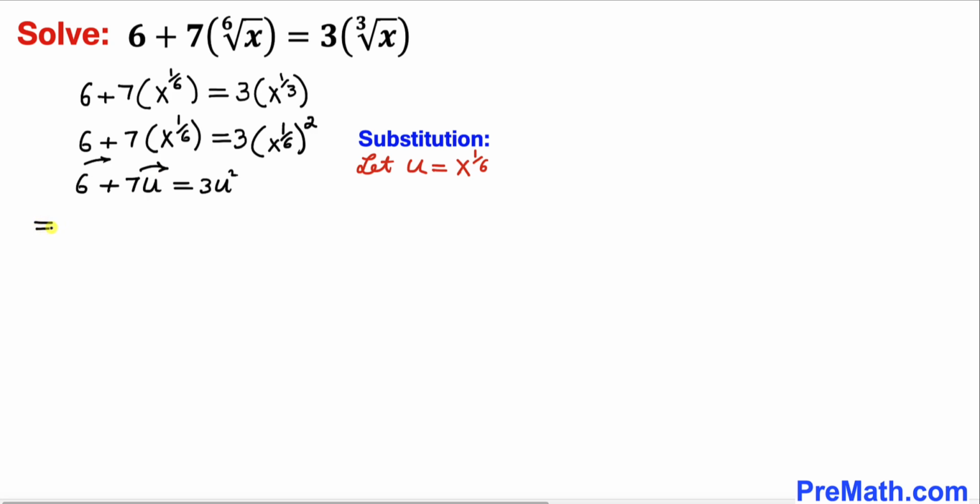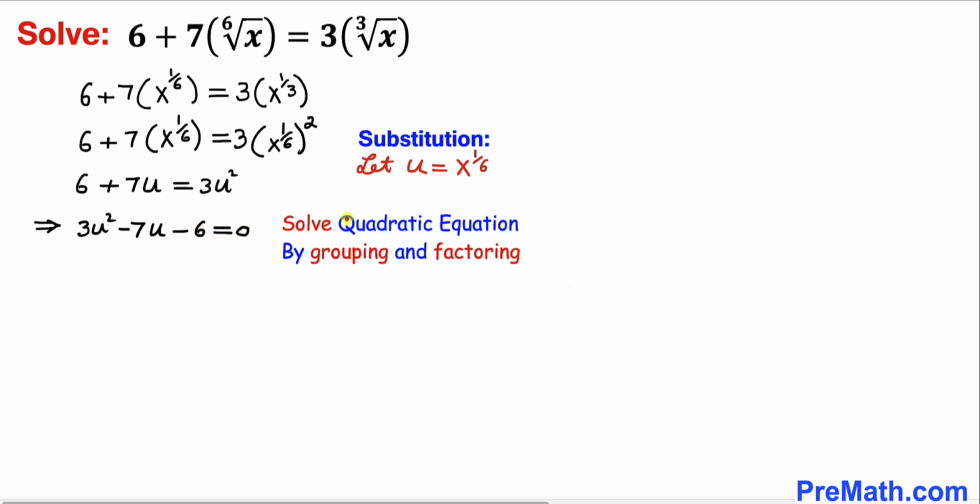Now let's move all these terms to the other side. We get 3u squared minus 7u minus 6 equals 0. Now we can see that this is a quadratic equation and we are going to solve it by grouping and factoring. Let's tweak this middle part.